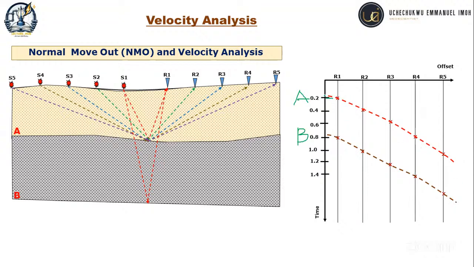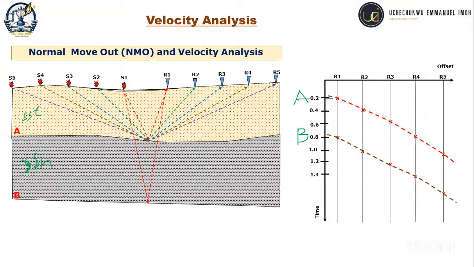These events are hyperbolic in shape. I just drew one side of the hyperbola; if you complete the graph, you draw it to the left side. So you're trying to generate the velocity with which the seismic wave traveled through the sandstone and then through the shale.